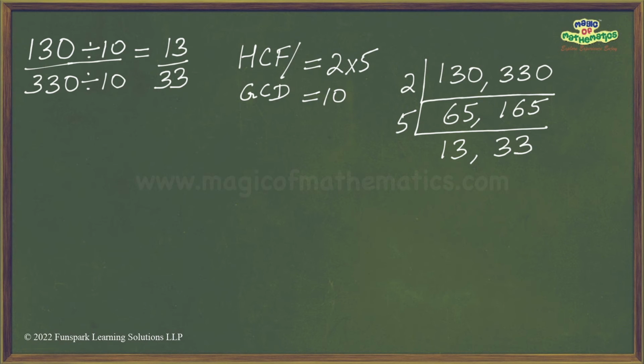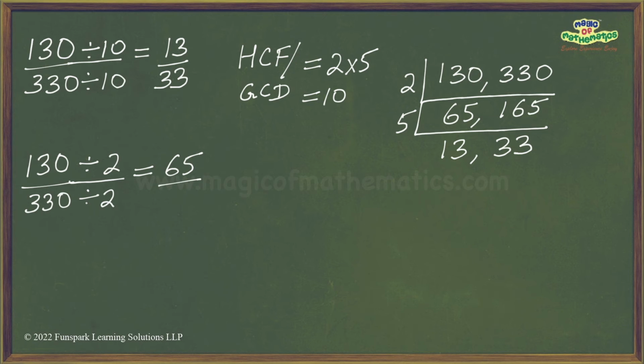Let me write down the fraction 130 over 330 again. Dividing the numerator and denominator of 130 over 330 by 2, we get the equivalent fraction 65 over 165. This is still not in its simplest form.